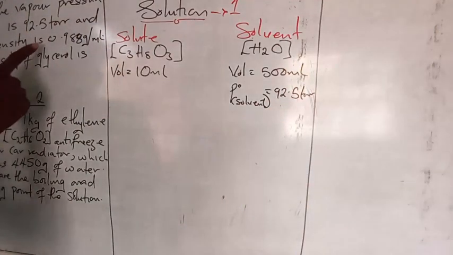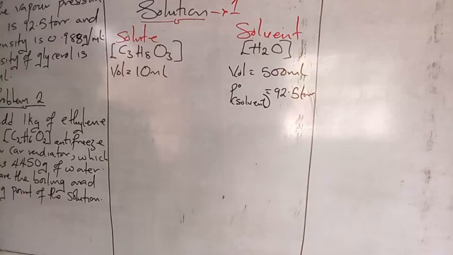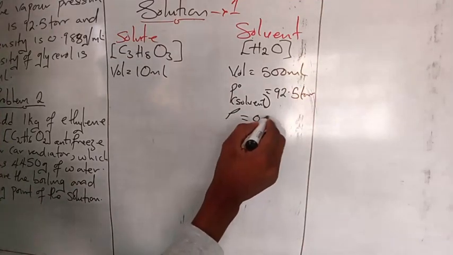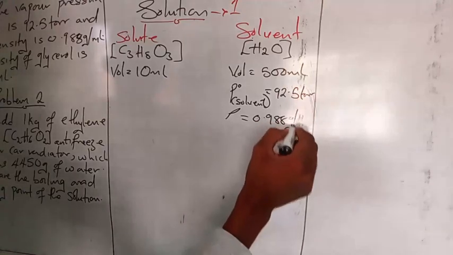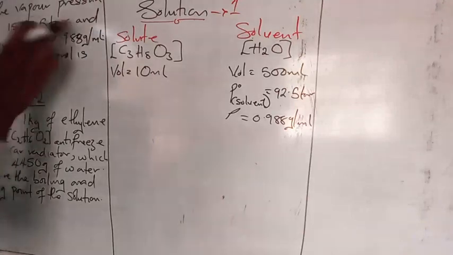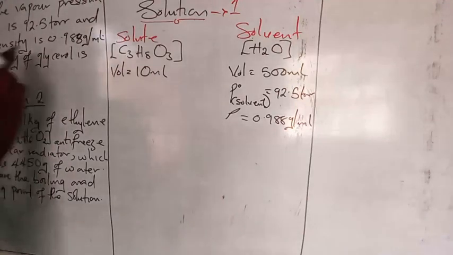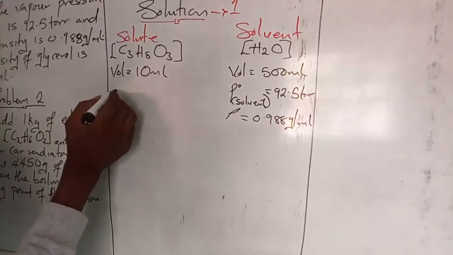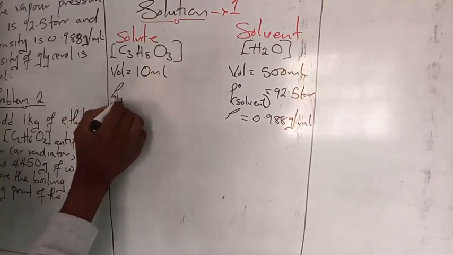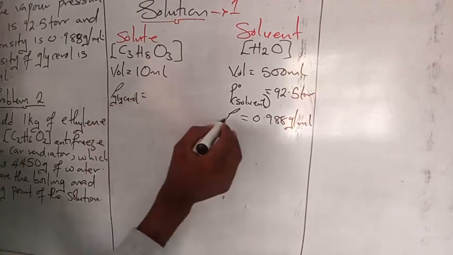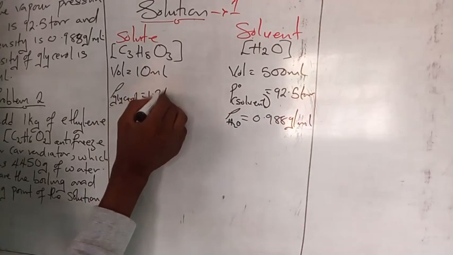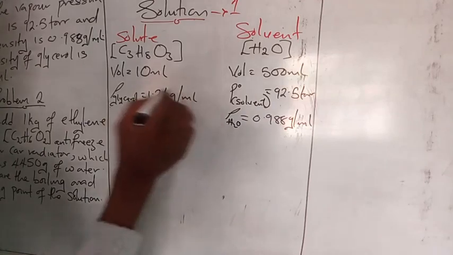And its density is 0.988 gram per ml. That is of water. They said the vapor pressure of water is this and the density is this. Then they gave the density of glycerol, which is 1.26 gram per ml.